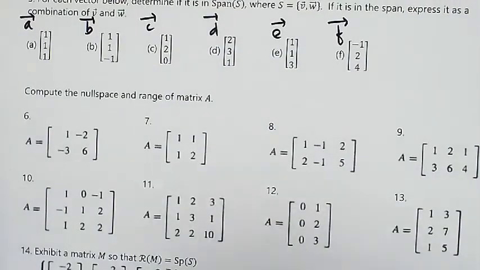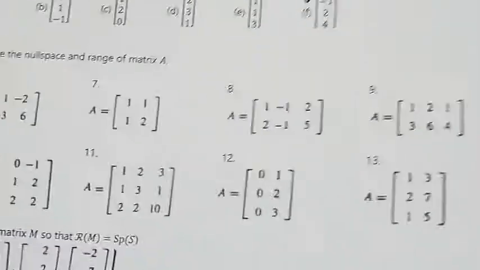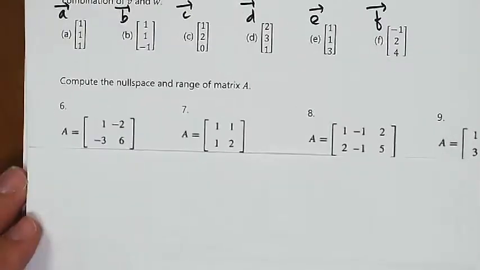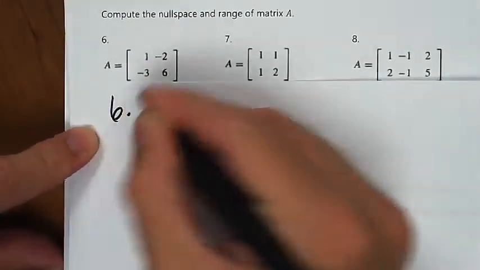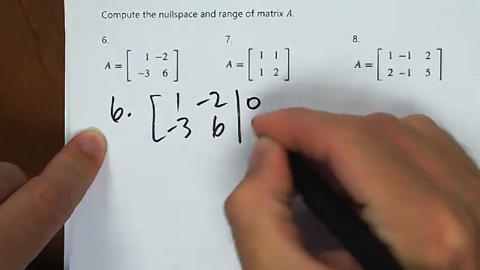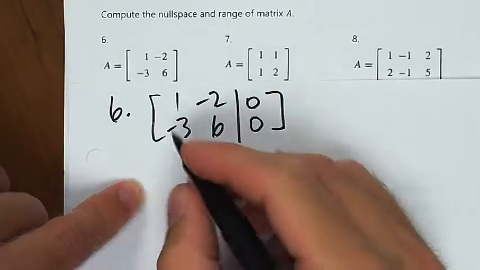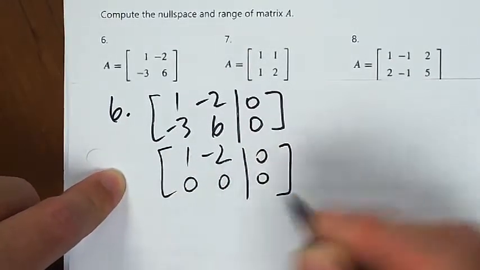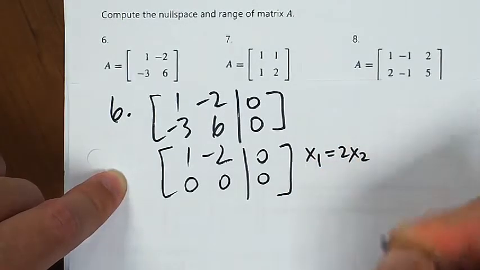Now, kind of the more traditional: compute the null space, compute the range. We can do that all day. So, number 6. For number 6, I'm going to say 1, -3, -2, 6. I'm going to start with the null space, I guess. Okay, so that tells me x1 equals 2x2.